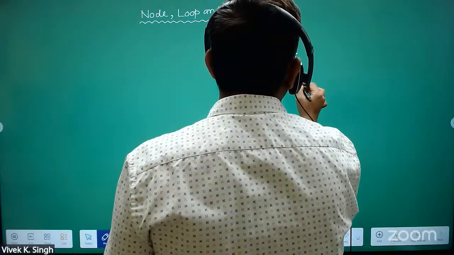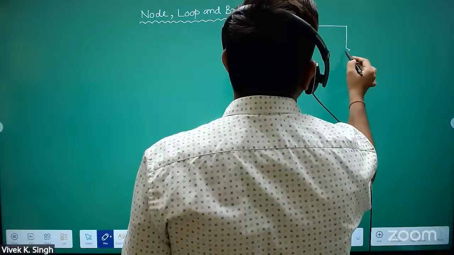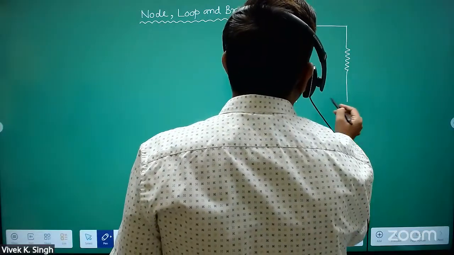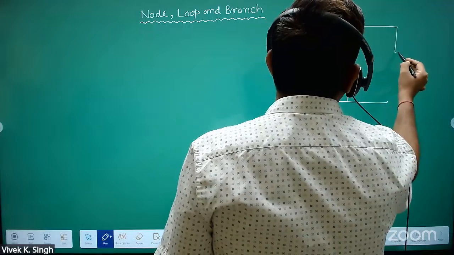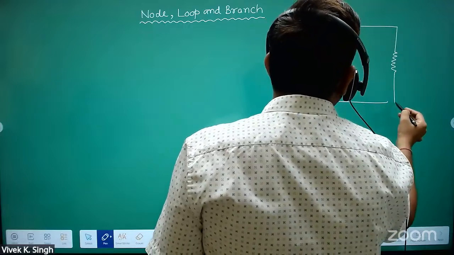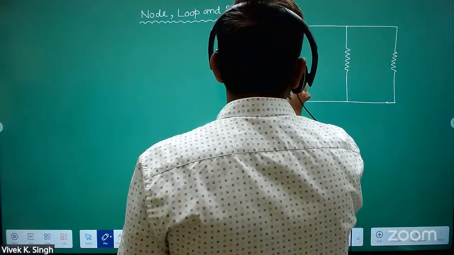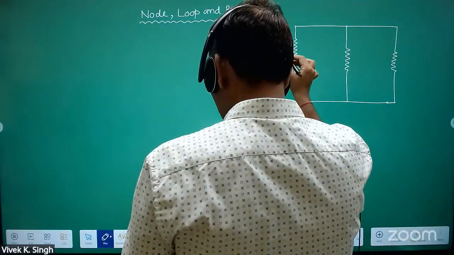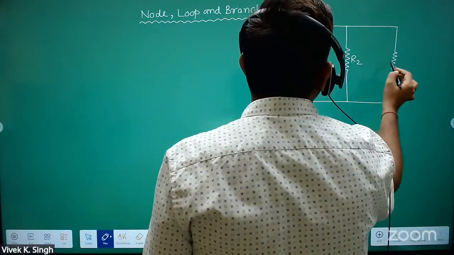Let's say this is some voltage source, and we have some resistance. So this is some source Vs. This resistance is R1, this is R2, and this is R3.